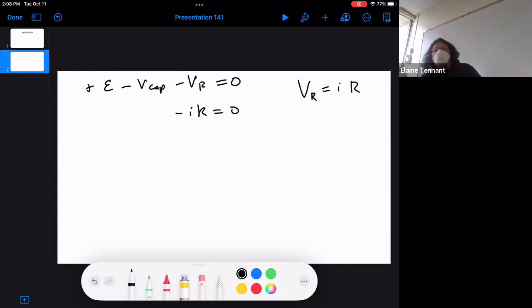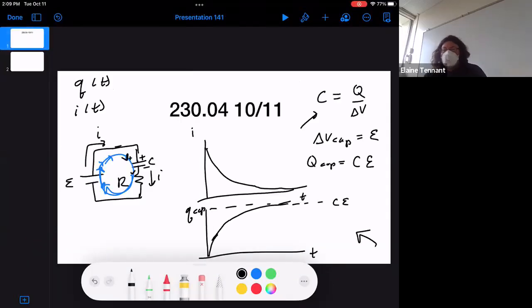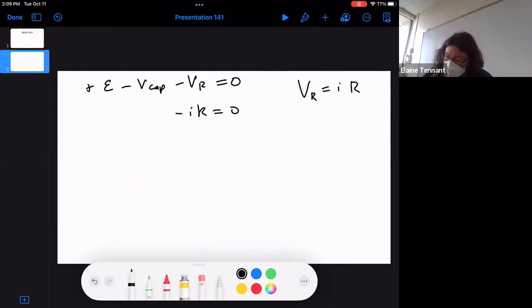For the capacitor, the voltage across the capacitor, you can't relate that to current, but you can relate that to charge via this equation, where C equals Q over V. So the voltage on the capacitor will equal whatever charge is on the capacitor divided by the capacitance of the capacitor.